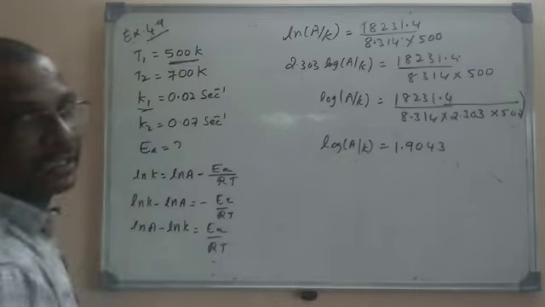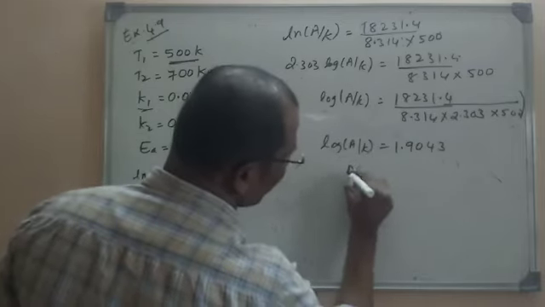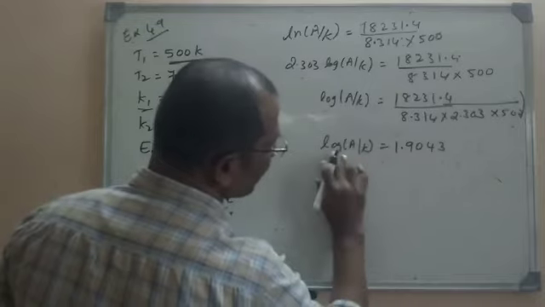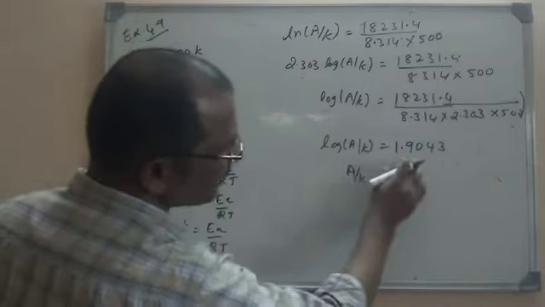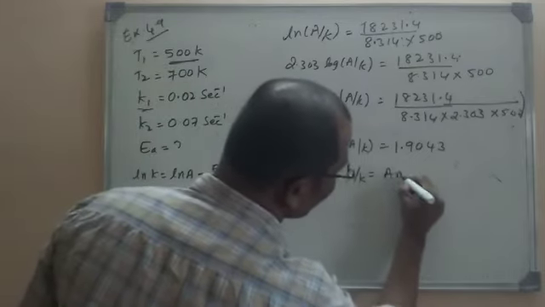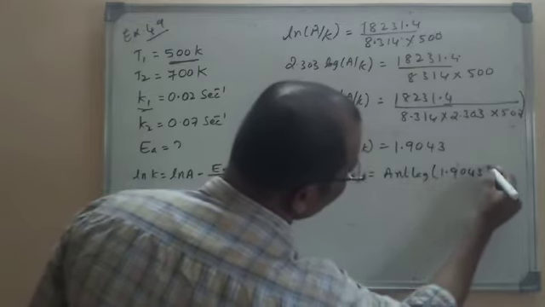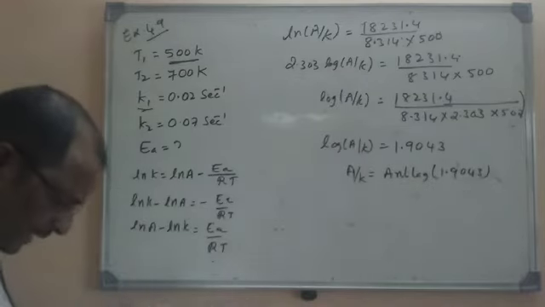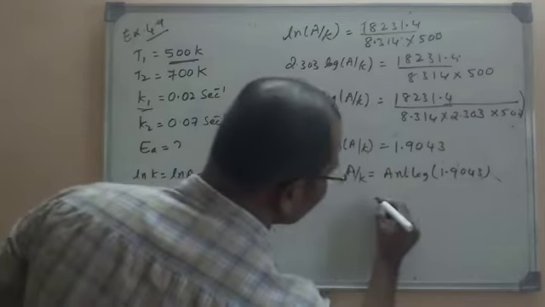You can take the anti-log on both sides. So what will it become? Anti-log of log A by K is A by K. Or you can send this log to that side, and it simply becomes anti-log. So A by K is equal to the anti-logarithm of 1.9043. From the anti-log tables, that value is found to be 80.23.